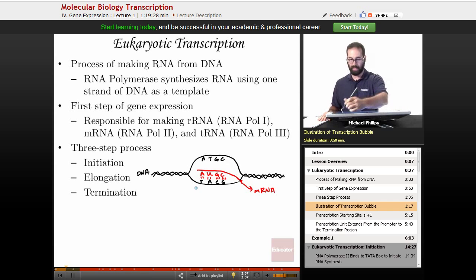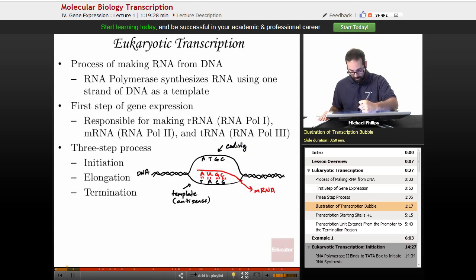So this right here would be called our template strand, and it could also be called antisense. And this is what's called our coding strand, and this has sense. And sense is also known as positive, antisense is known as negative, orientation.